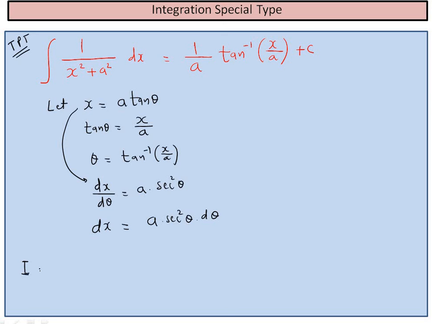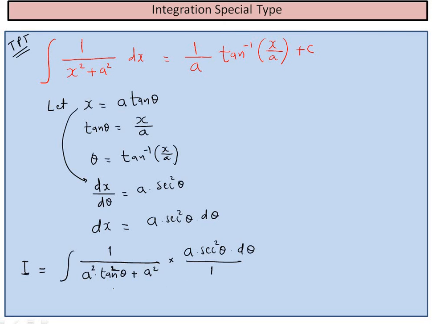Now with this we start with I. I means integration, what I want to find out. Integral 1 upon x square की जगह में क्या डालूंगा? a square tan square theta plus a square, into dx की जगह this I will put a sec square theta d theta.